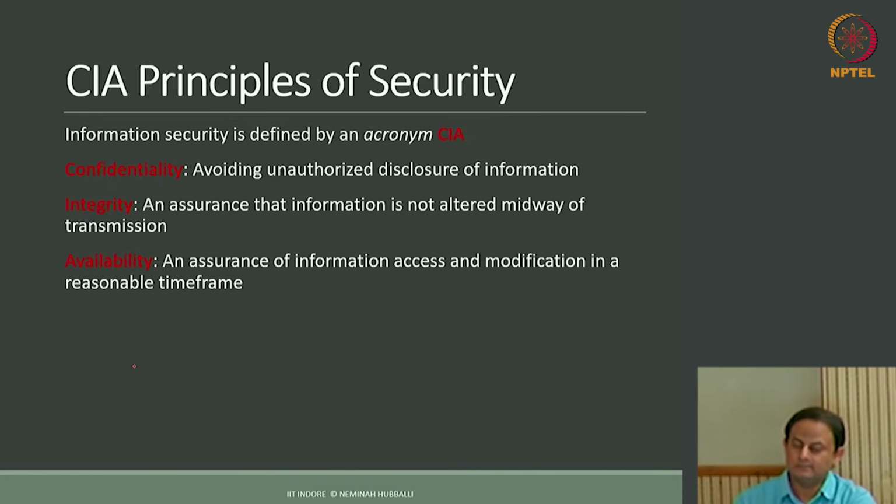Availability means that the right information is available to the right set of people at the right time. If confidentiality is maintained, integrity is maintained, and availability is there, then we say that the system is secure, either at the time of transmission or when the data is stored in the network.